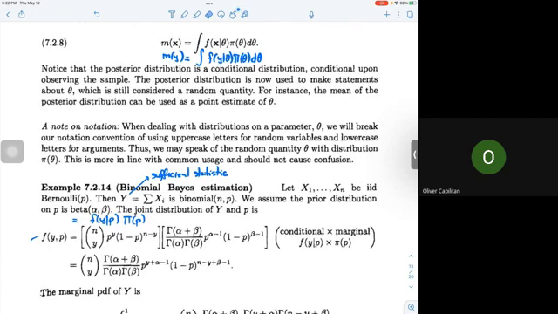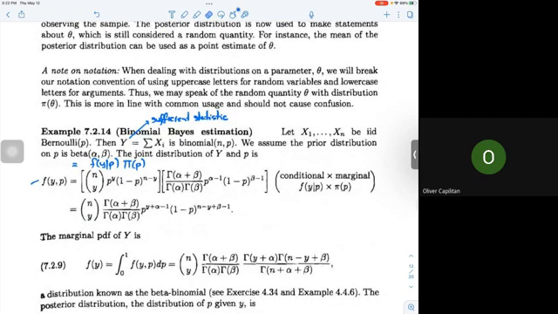So if you're going to determine the product of these two distributions, we have here on the second equality, using the law of exponents, p raised to y plus alpha minus 1. We have that result.